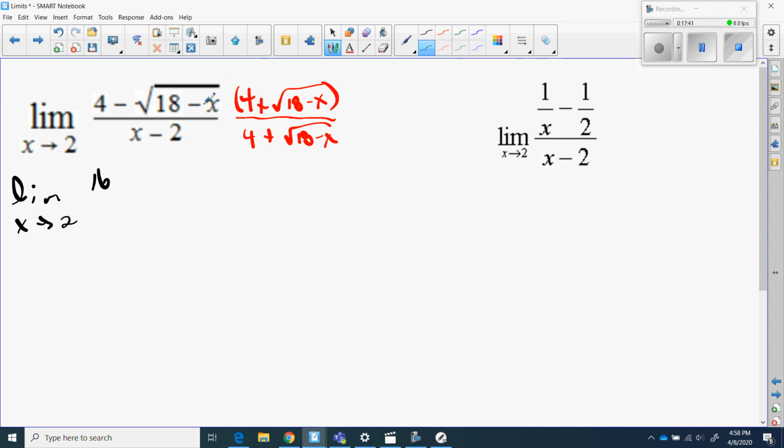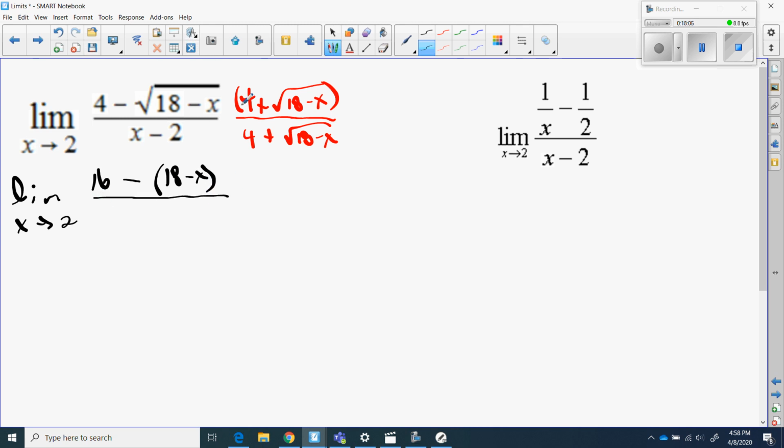The two middle ones, when they're conjugates, always sum to give you 0. So you just go 4 times 4 is 16. Negative times positive is always going to be negative, because these are always going to be opposite signs. The square root of something times the square root of the exact same thing will just give you the expression without the radical on it anymore. That's now your numerator.